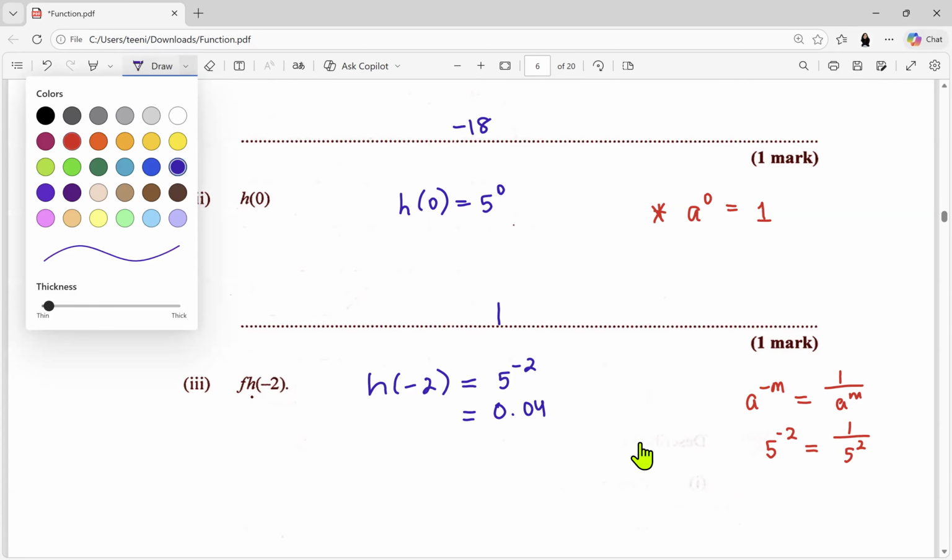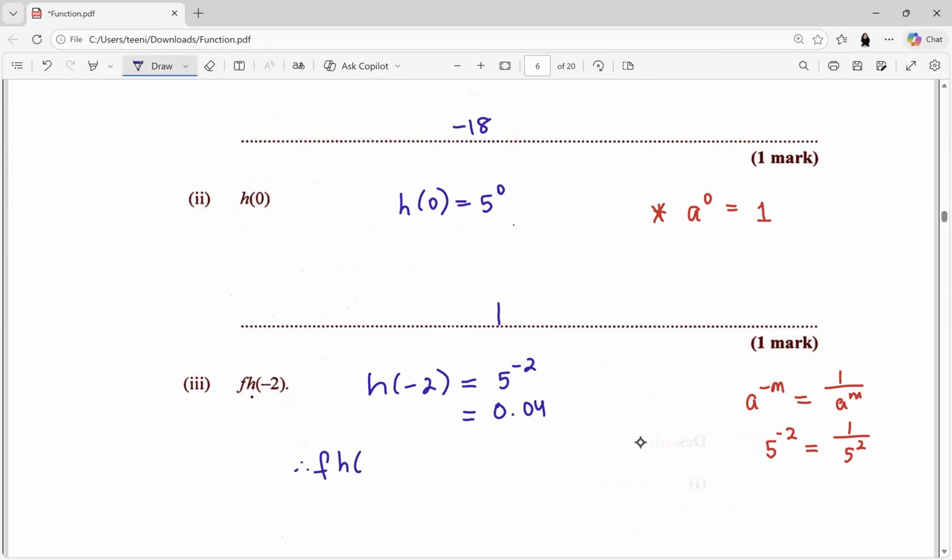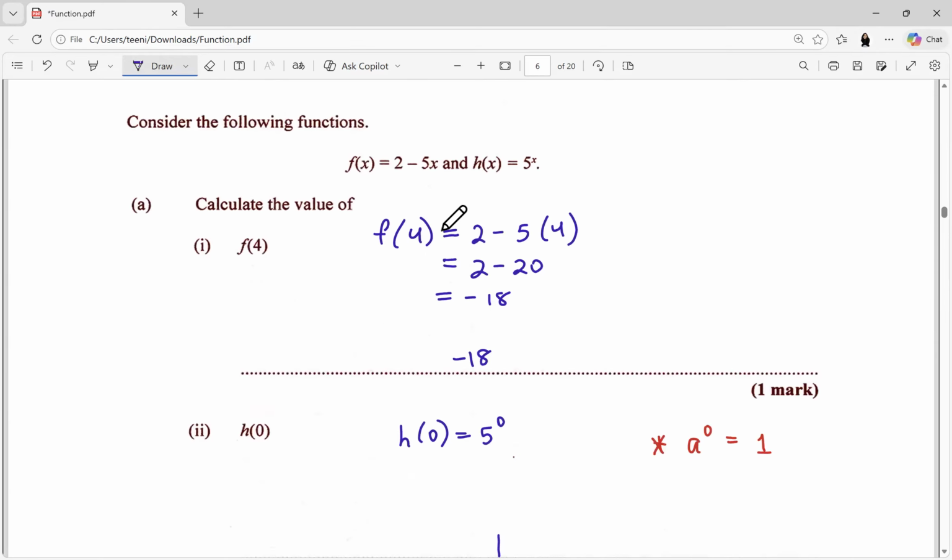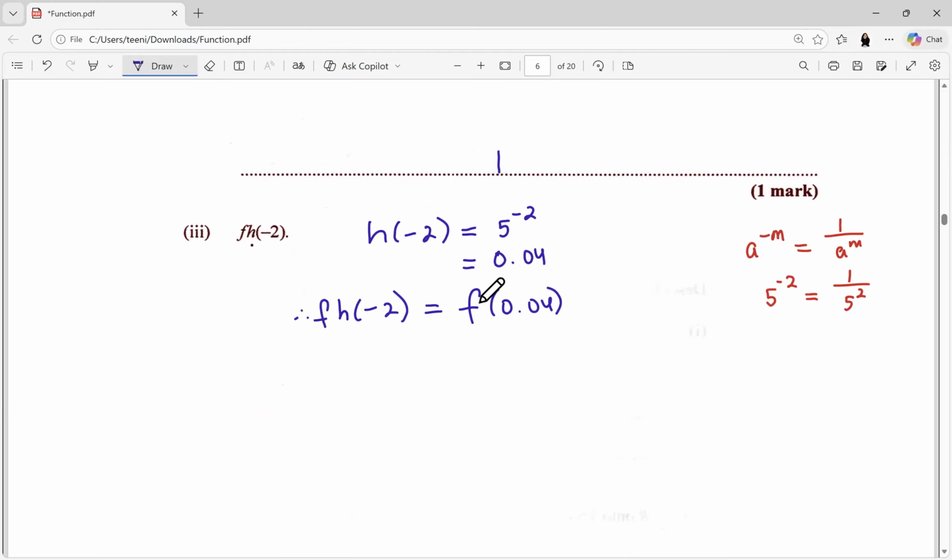So therefore, f of h of negative 2 is finding f of 0.04. And all of you know how to find f of a value because you simply replace that value into the function f of x.